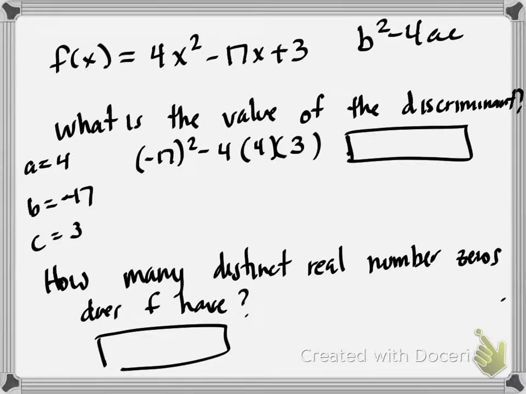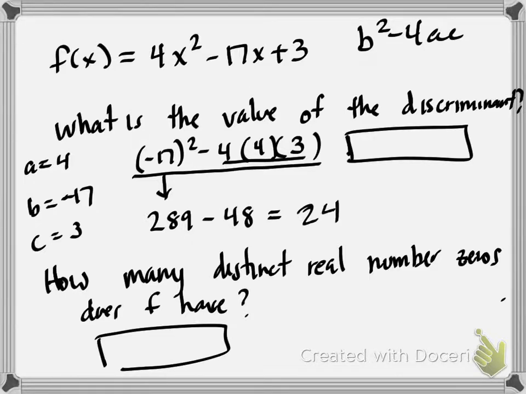If you solve this out, if we square this, you get 289. A calculator would be handy here. If you multiply these three numbers, you get 48. And if you subtract those, you get 241. The value of the discriminant is 241.